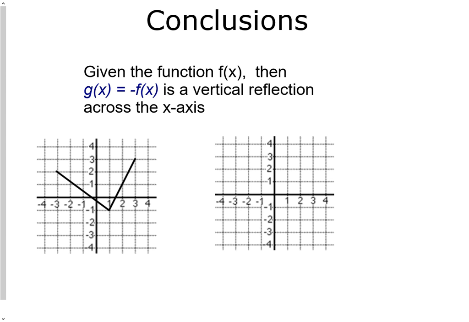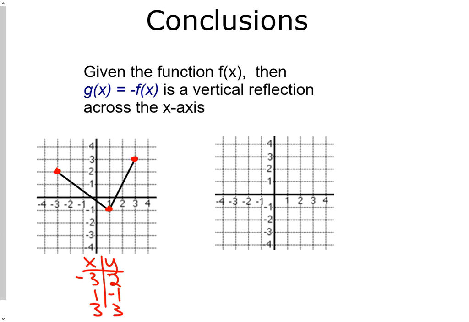Okay, and so we can see this. So one way you can just reflect this directly on the graph if you wanted to, but I'm actually just going to pull out some points. I always like to pull out the points so I can see what's happening. So -3 and 2, 1 and -1, and 3 and 3.